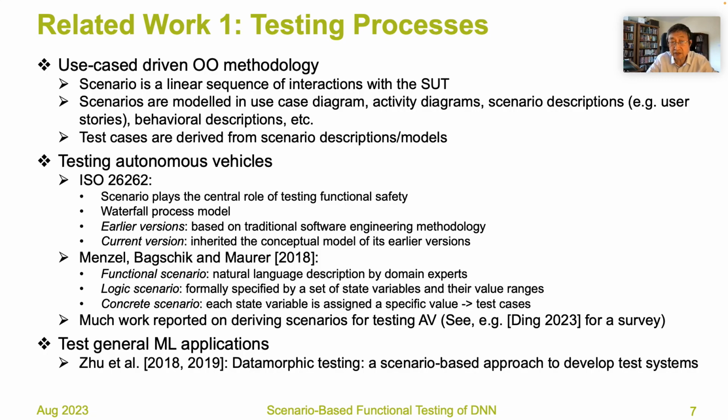So the current version inherited the conceptual model of its earlier versions, but it's not fully adapted to autonomous vehicles. Therefore, scenario still plays a central role in the testing of autonomous vehicles for functional safety.